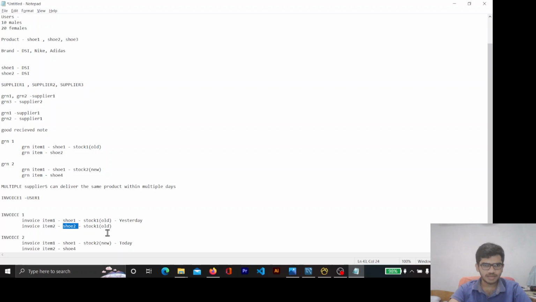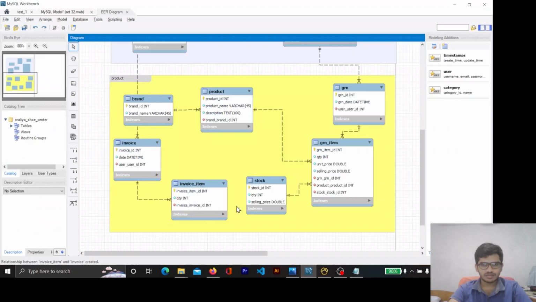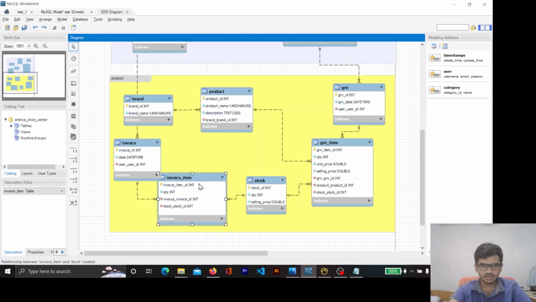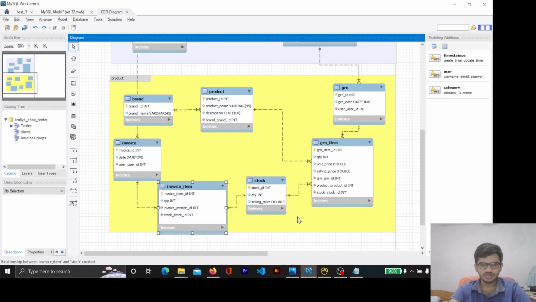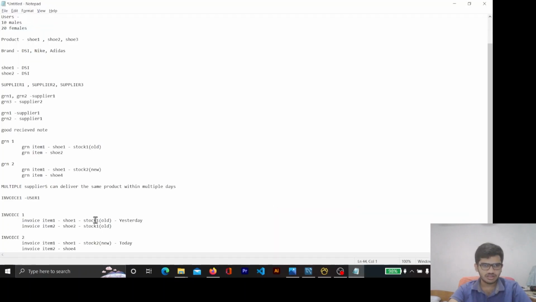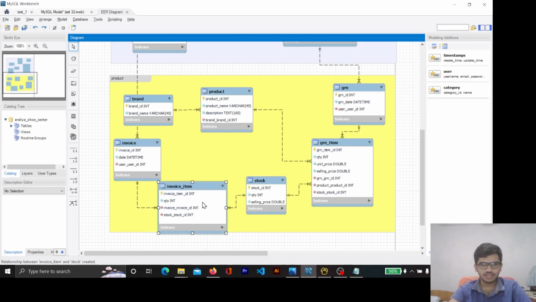This goes to the same stock. So this is a one-to-many relationship between these two. The repeating side is invoice item, and the non-repeating side is stock. The stock one is the non-repeating side here.